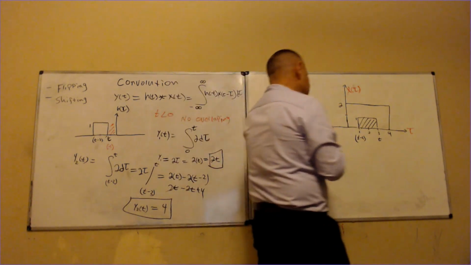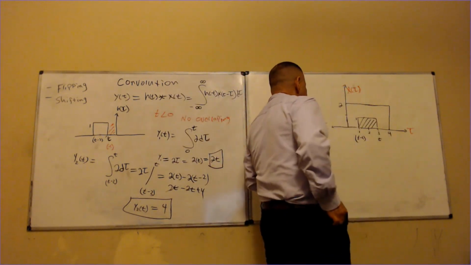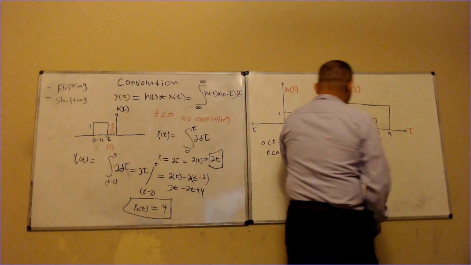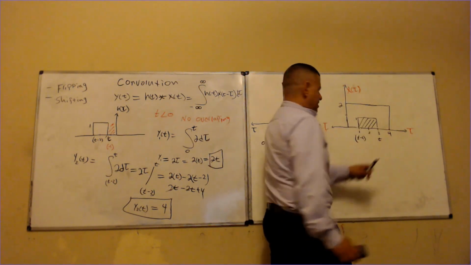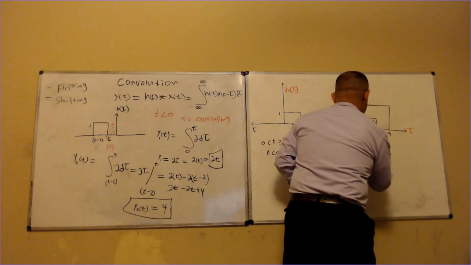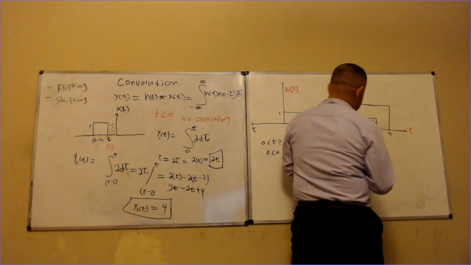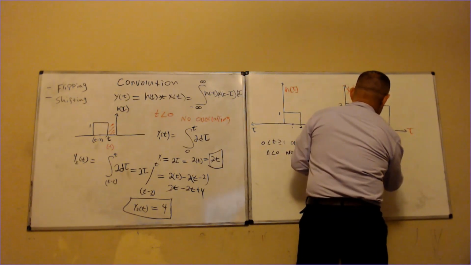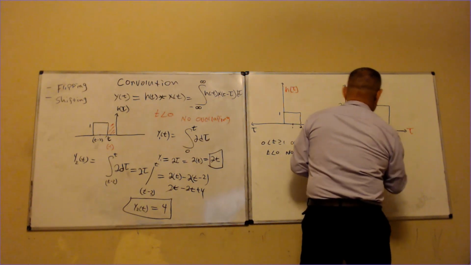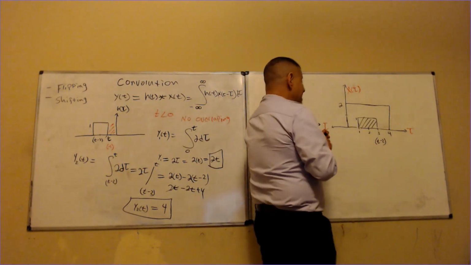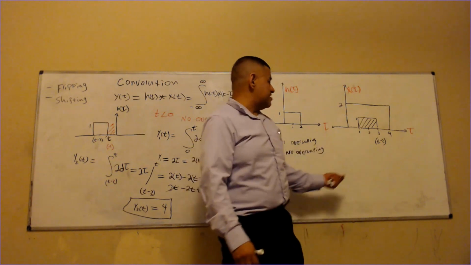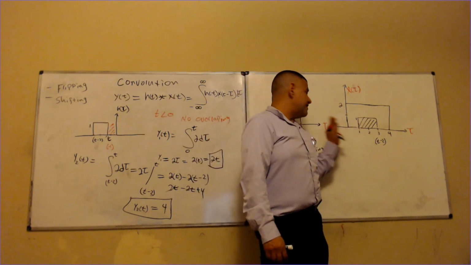Now, let me make the last one. So now my t minus 2 is going to be right here. So this is going to be my t minus 2. And I think right here you can consider, you don't have to move your graph that way.